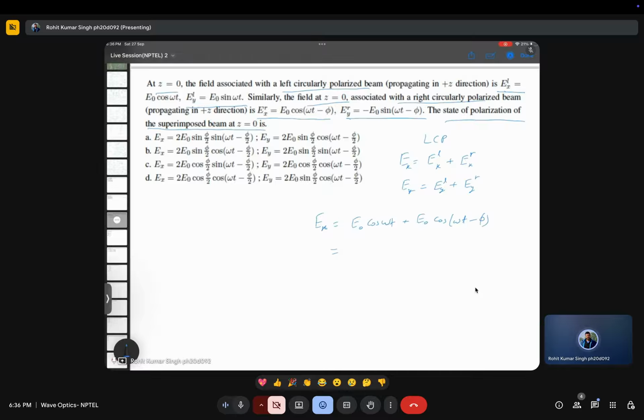And what you get, so Ex will be 2 E naught, sorry, cos phi by 2 cos omega t minus phi by 2, right? So C or D could be the correct option. Then similarly you can calculate Ey, and the correct option is D. Fine.